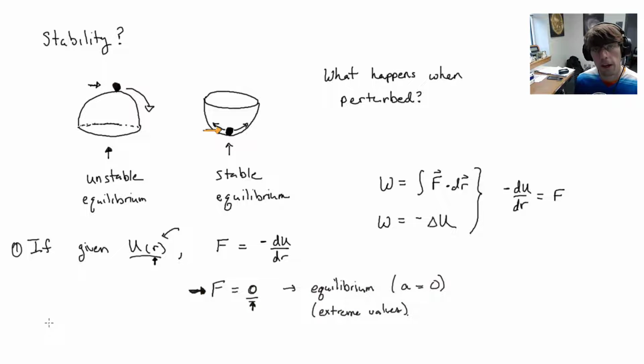That's where we have to go to the inflection point, or the second derivative. So the first derivative will tell us where the equilibriums are. The second derivative, d²U/dr², is not equal to 0. Taking the second derivative and evaluating at the extreme values will tell us if the equilibrium is stable or unstable.